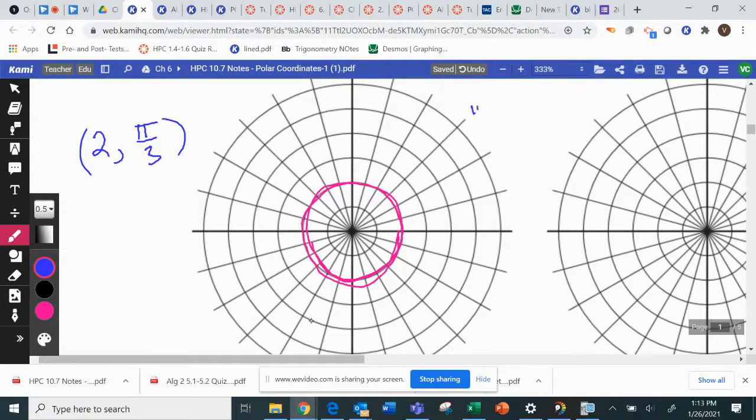I will let you know this one right here is pi over 4. This one's pi over 6. This one here is pi over 3 because it's not labeled, but I already looked that up for you. I already figured it out. You're welcome. So we're looking for the angle, which is pi over 3. So that would be the theta there. So the place where they intersect is that point.